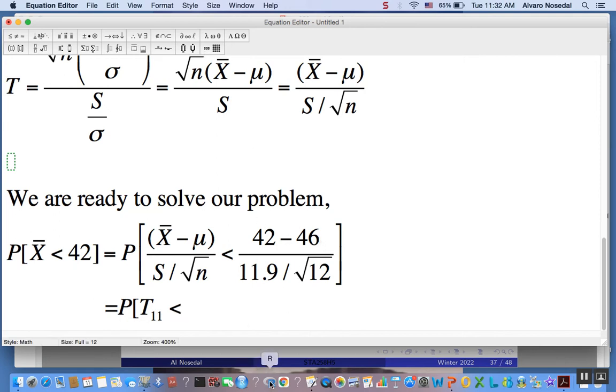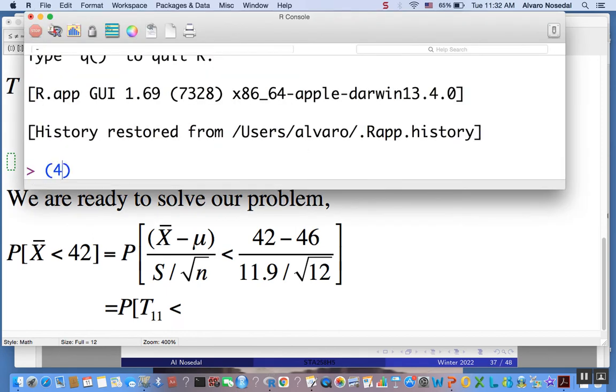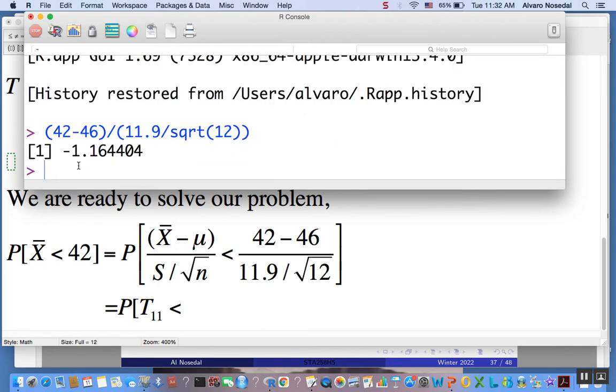So let me find that number here. 42 minus 46 divided by 11.9 divided by the square root of 12. Okay, so roughly minus 1.1644. Okay.